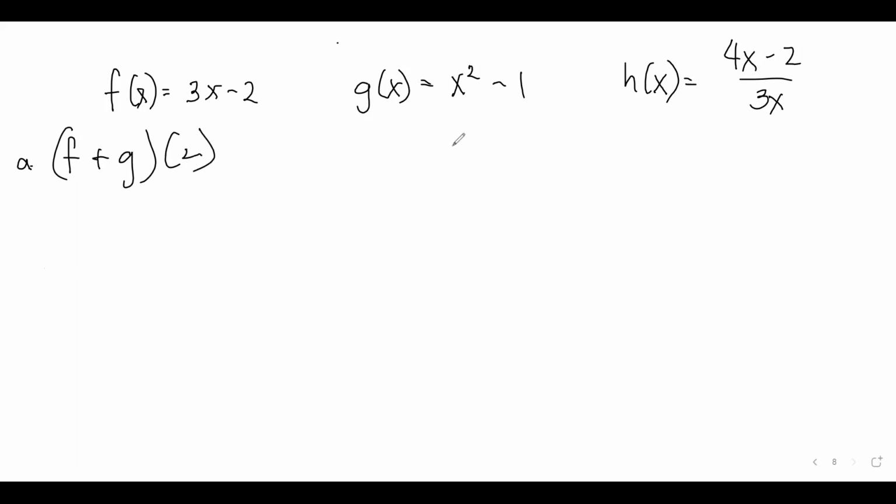Ayan. Ang B natin is, let's say, h minus g of 0. Ayan. C natin is g times h of 1.